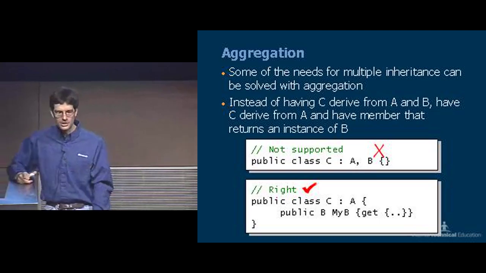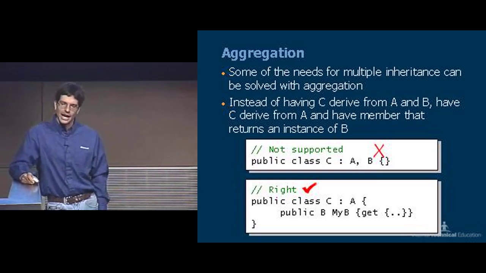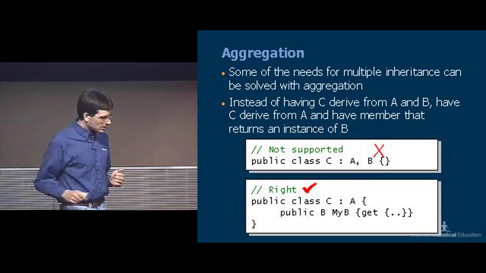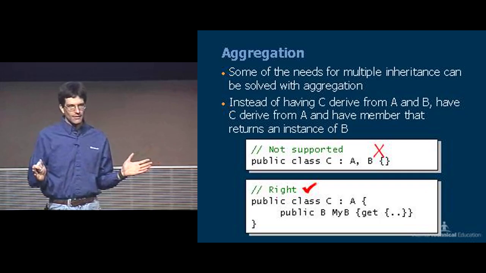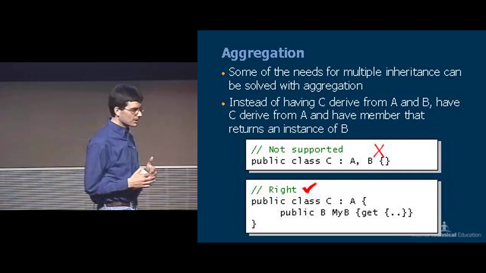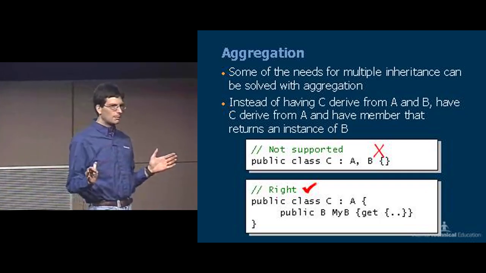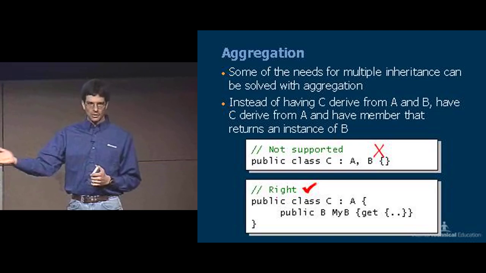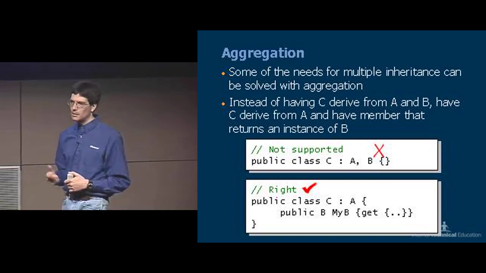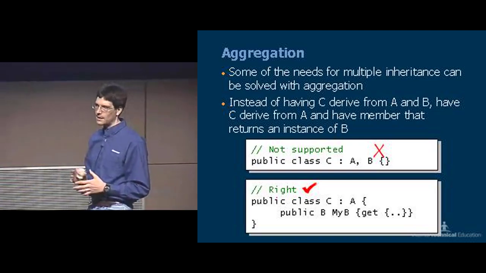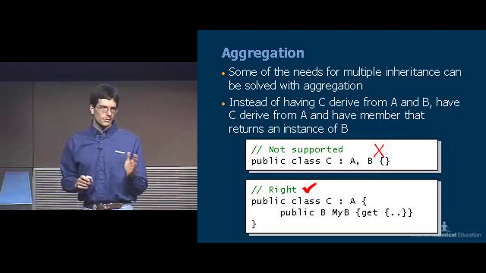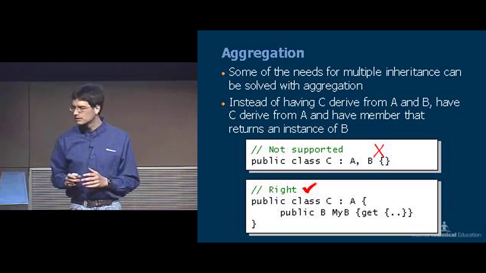We have a single inheritance model in the framework. My point on this aggregation thing is it's not the end of the world to have a single root. The aggregation pattern's a fairly simple one for customers to do. They just pick one to derive from and another one to have as a property that returns something of that type. Generally speaking, it's not the end of the world to burn the base class slot there.